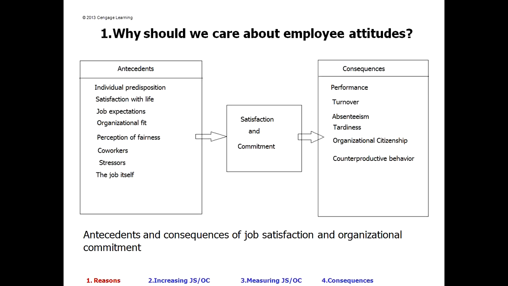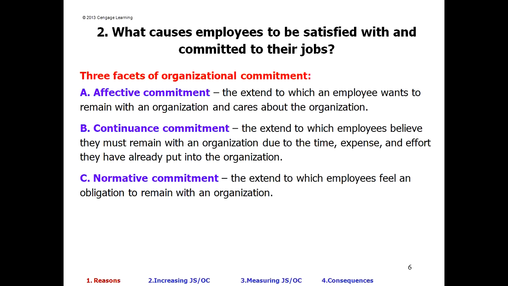Satisfaction with life, and the consequence of satisfaction is turnover. Similarly, the other antecedents you can check with the consequences, such as the job, stressors, co-workers, and other areas. In all, the antecedents and consequences of job satisfaction and organizational commitment represent the overall employee attitudes towards the organization.